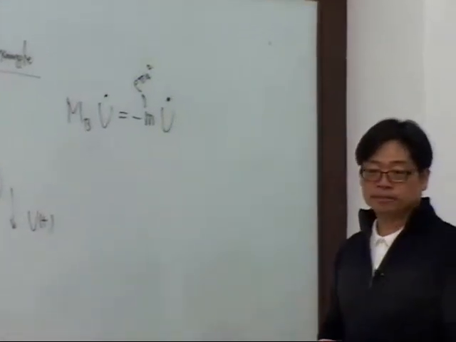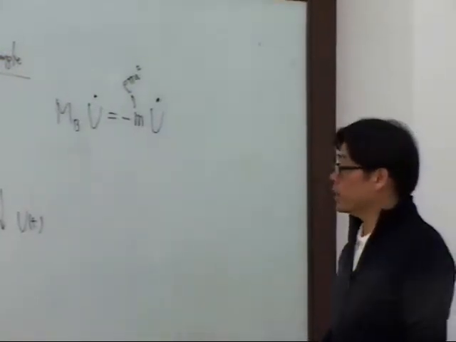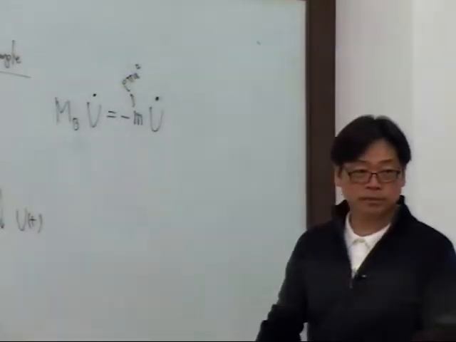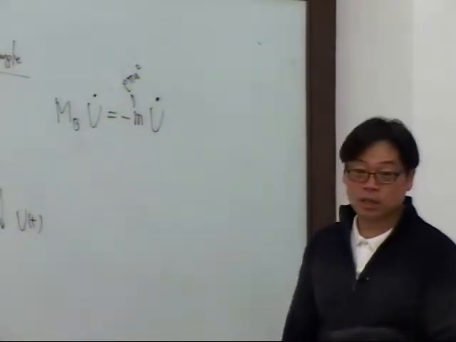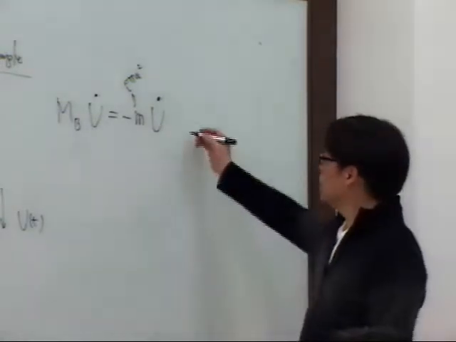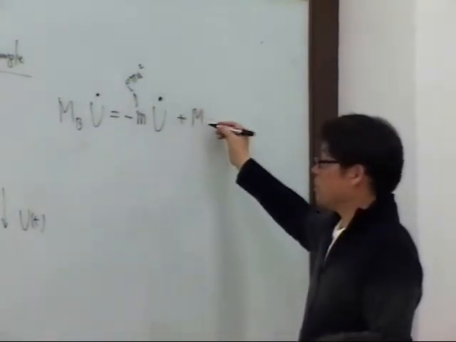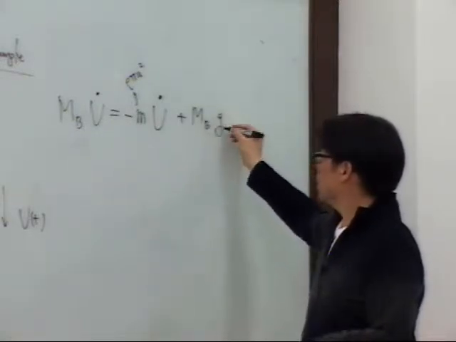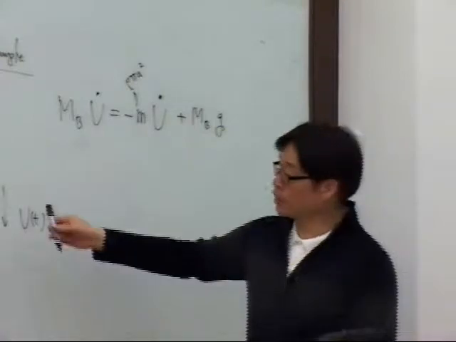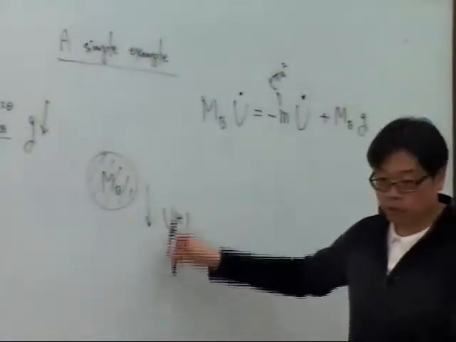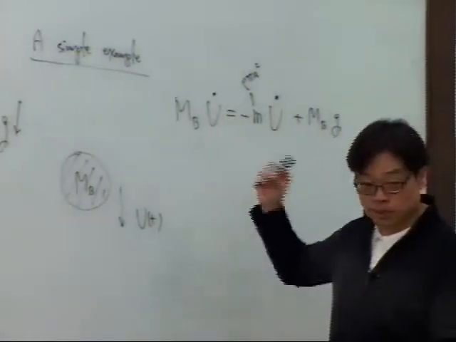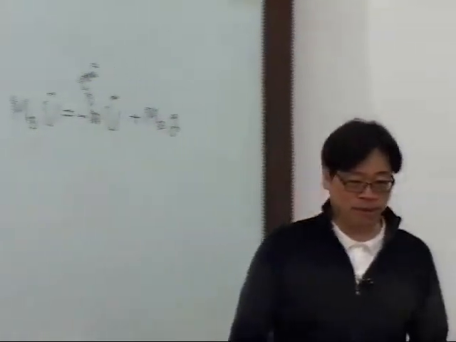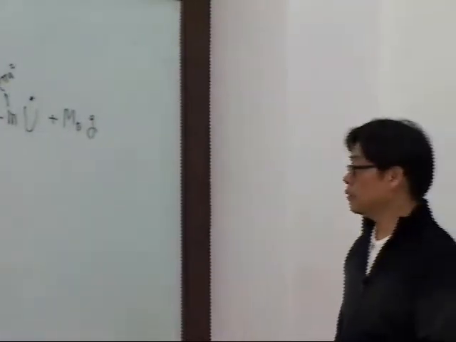And the other part is what? This guy is falling due to gravity. So gravity is pulling, so this guy has to experience a body force, which has a positive sign because this is the positive direction to me, because the direction of gravity is the same as the direction of the motion of the body.